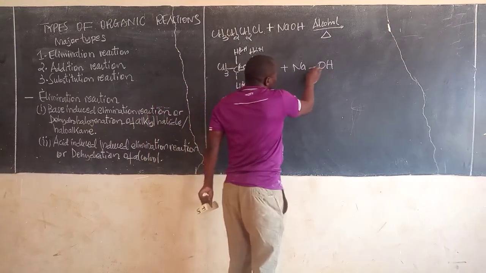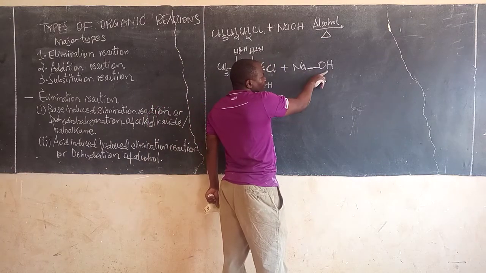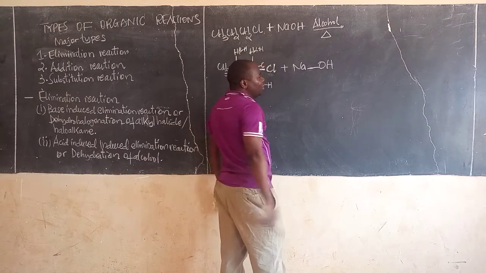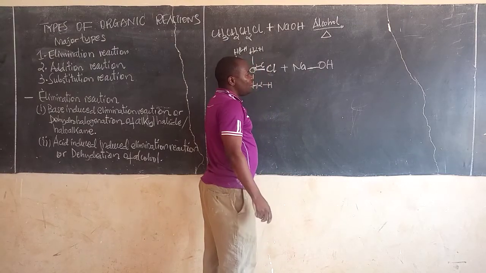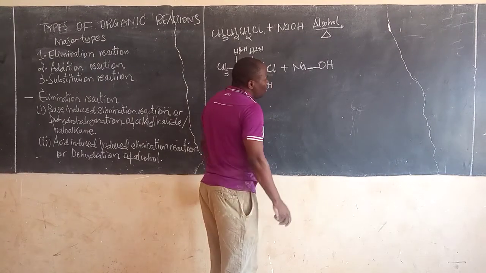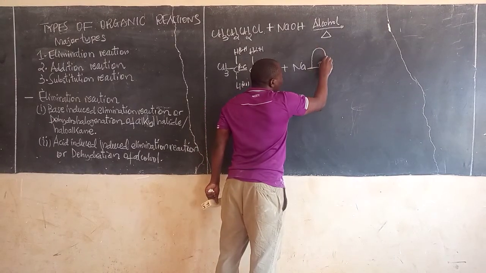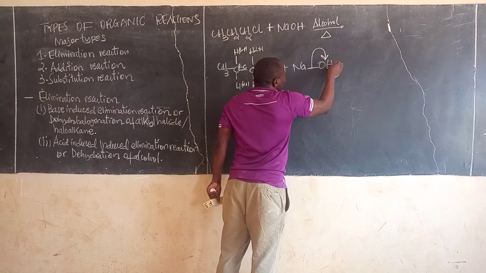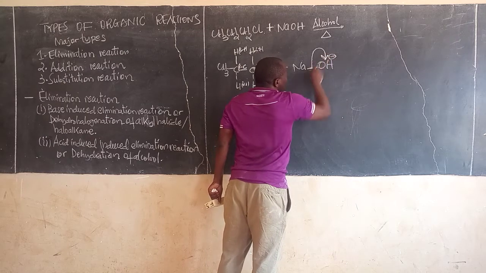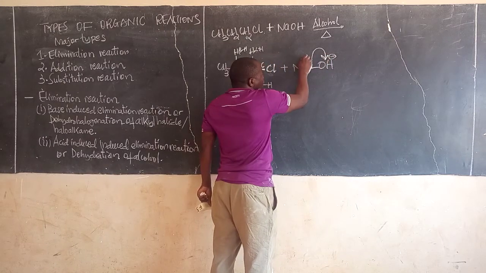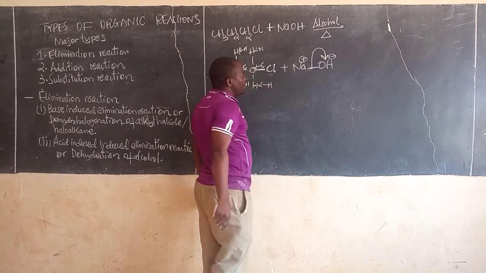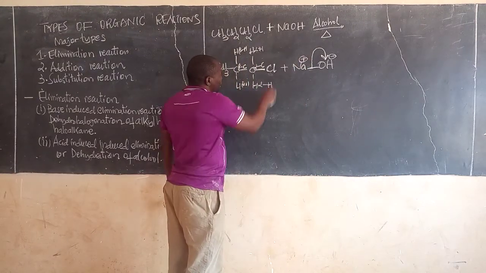What is going to happen here with sodium hydroxide, this concentrated base, is bond cleavage, with an equal sharing of the bond electron pair, where the electron pair will be taken by the hydroxyl group, attaining a negative charge as a nucleophile, while this carbon attains a positive charge as an electrophile.